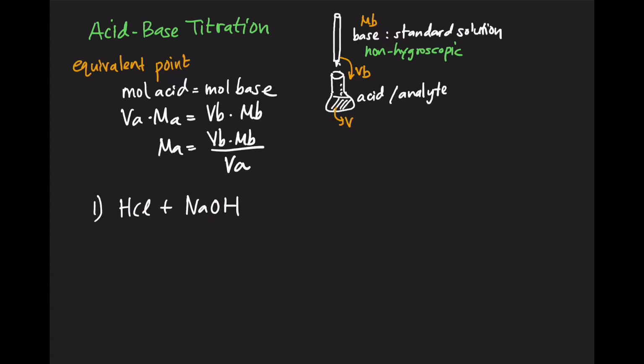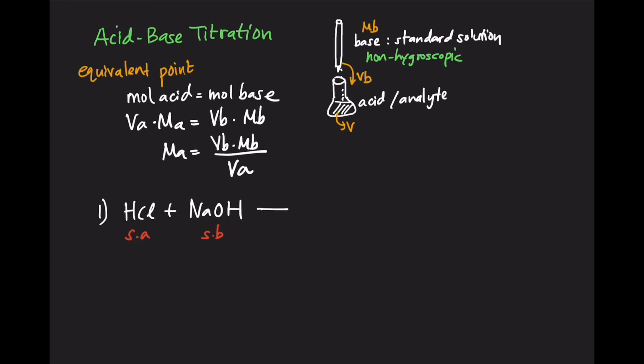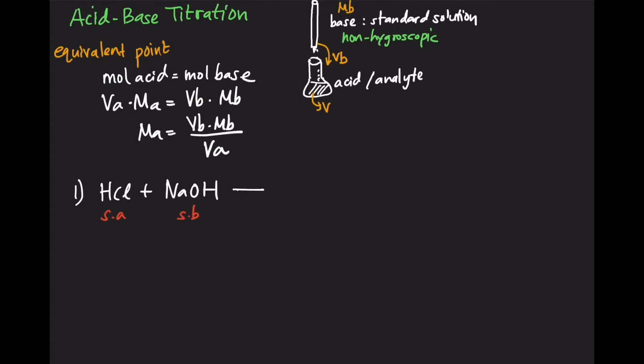In this reaction, we get a salt as product. Notice that this is not an equilibrium reaction anymore. This reaction goes close to completion, so we can just write one arrow to the right side. Here we produce the salt NaCl and H2O, water.